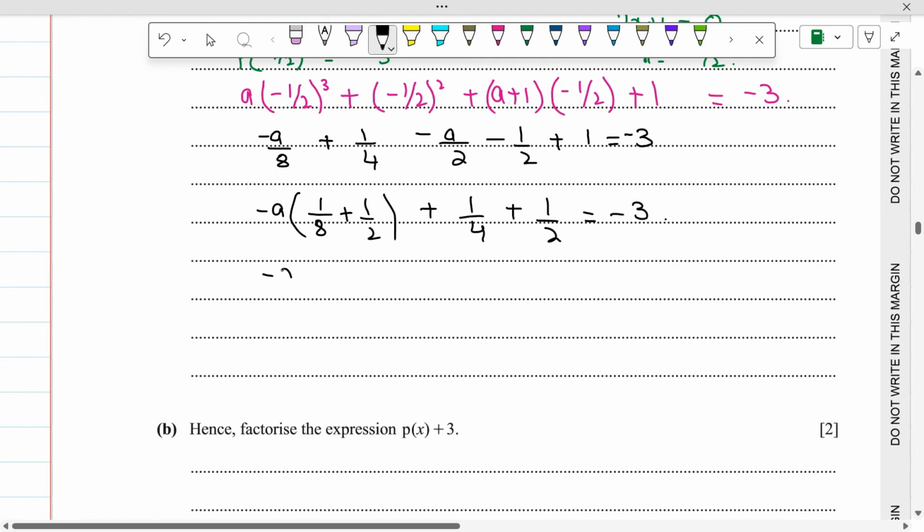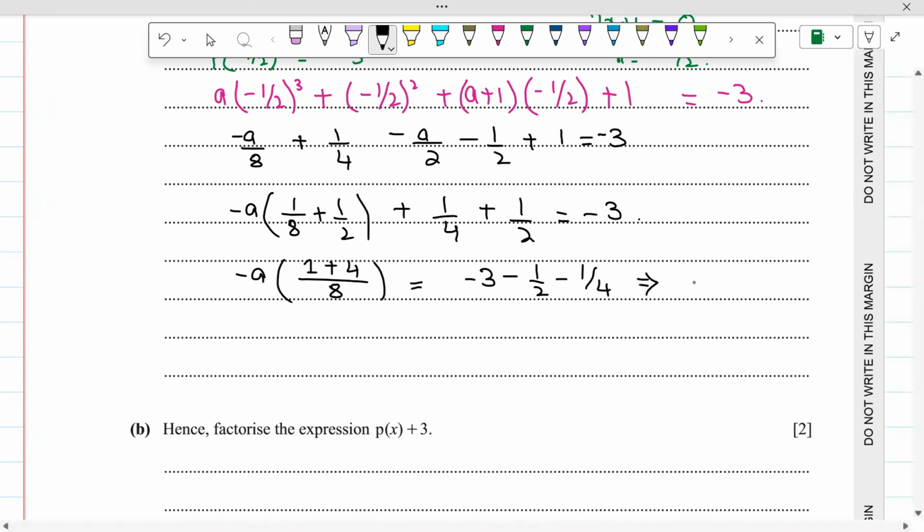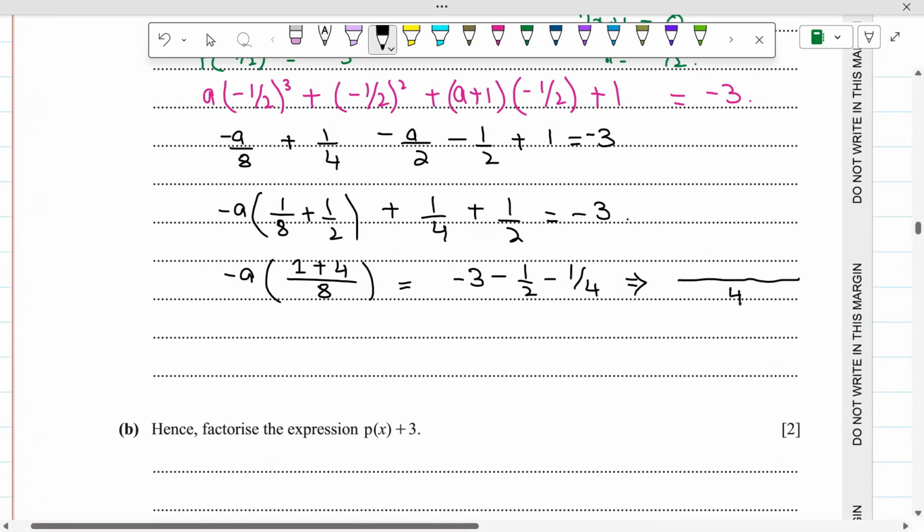So negative a, taking LCM 8, times 1 plus 4 over 8, equals negative 3 minus half minus 1 over 4, and taking LCM 4, negative 12, negative 2 and negative 1.